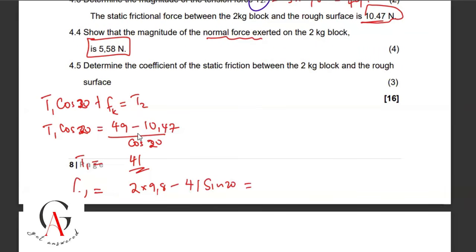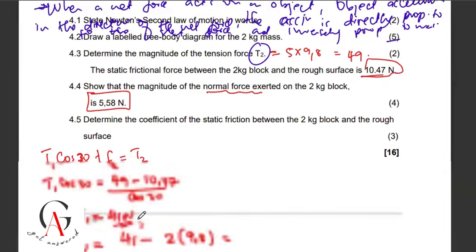So 2 times 9,8, we are subtracting 41 sine of 20. I'm getting 5,577, which is 5,58 newtons. Okay, which is fine.